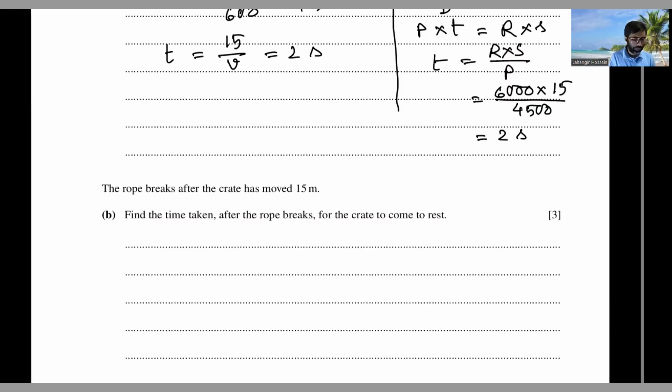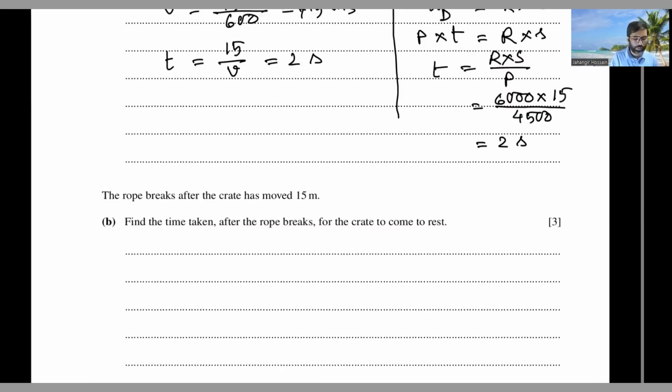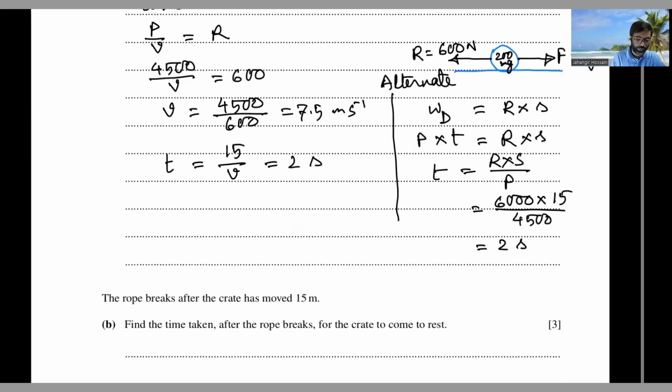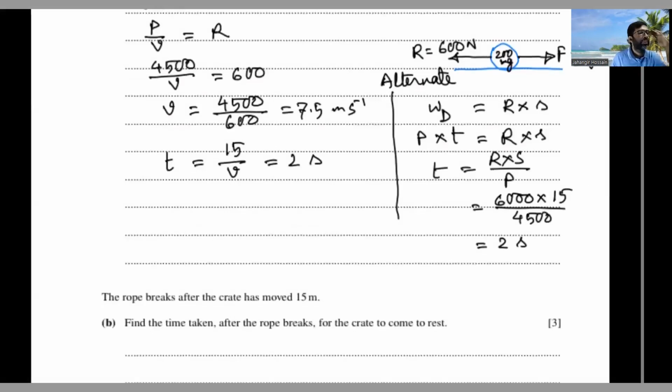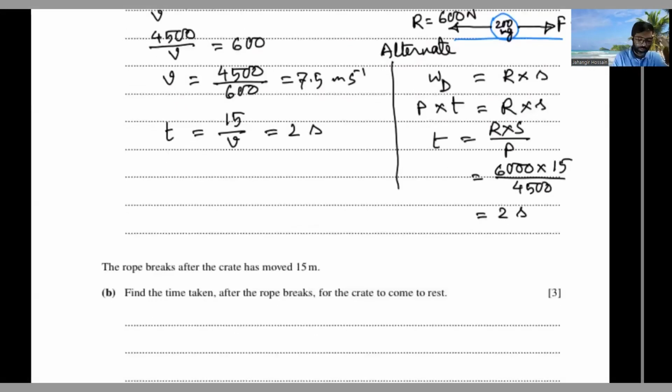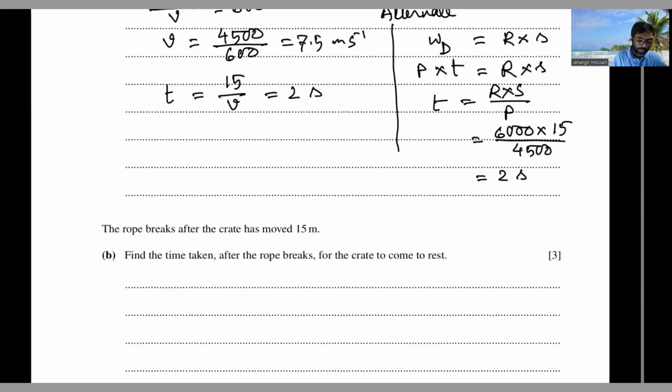Now let's move on to part B. In part B, the rope breaks after the crate has moved 15 meters, and we need the time taken after the rope breaks for the crate to come to rest.